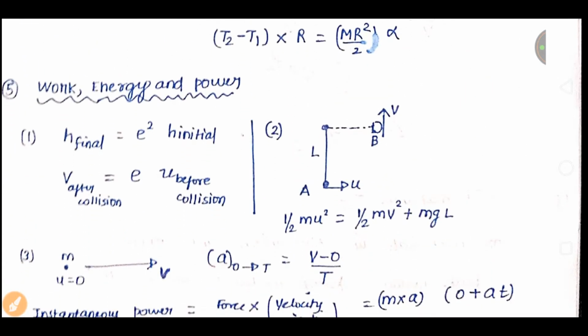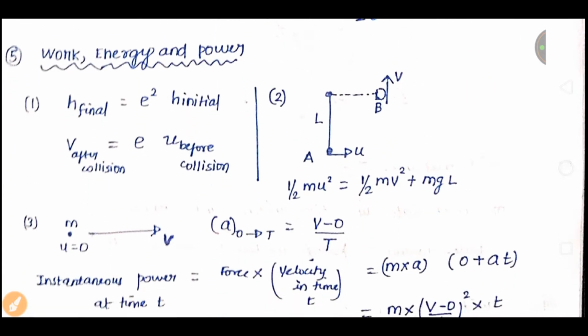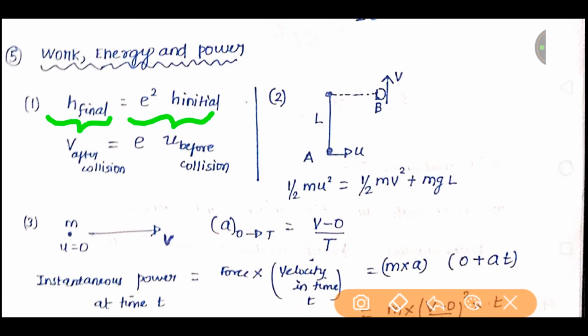Next, work, energy, power. So final height is equal to e square into initial height. What is this e? Coefficient of restitution. Velocity after collision is e into u before collision.